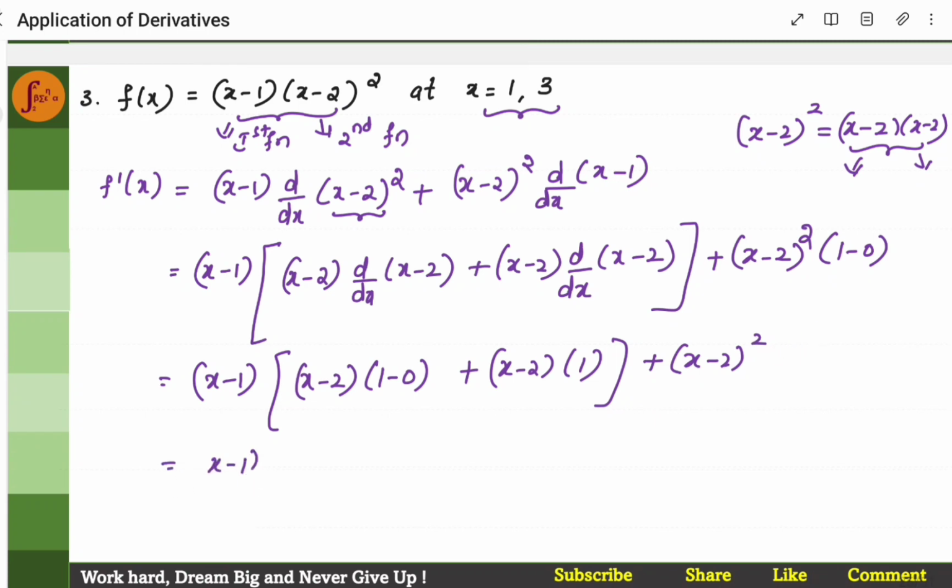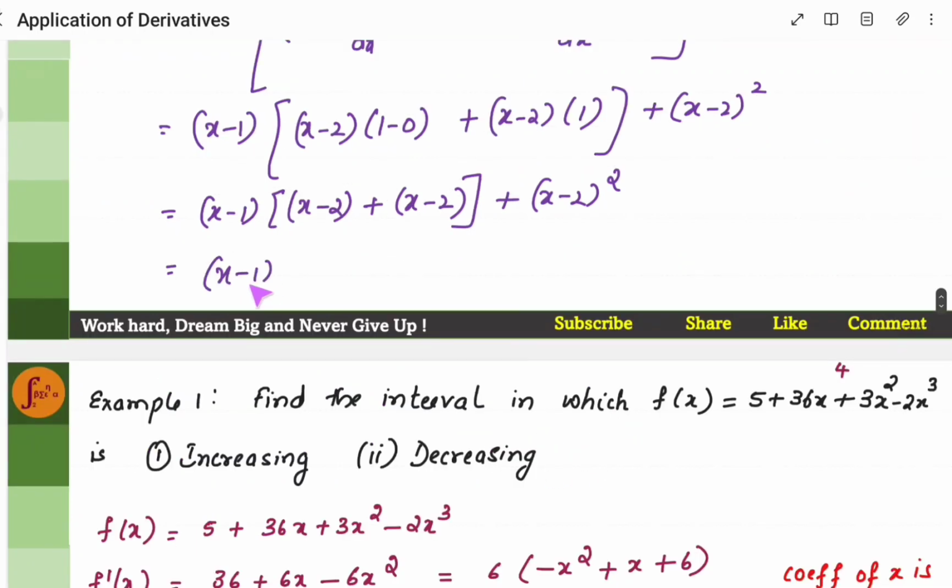So let's simplify this. x minus 2 into 1 is x minus 2, and x minus 2 into 1 is x minus 2, plus x minus 2 the whole square. So this is nothing but x minus 1 into 2x minus 4, plus x minus 2 the whole square.